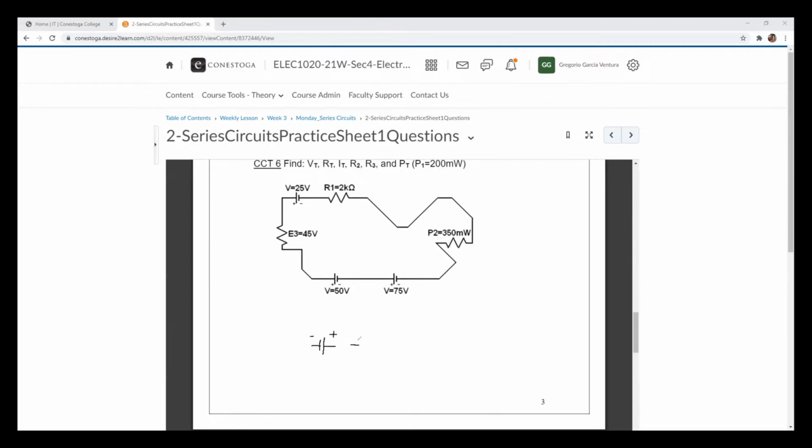If we have another battery here, and this is negative and positive as well. Okay, so let's say that this first battery has a voltage output of 5 volts, and the second one has a voltage output of 10 volts.